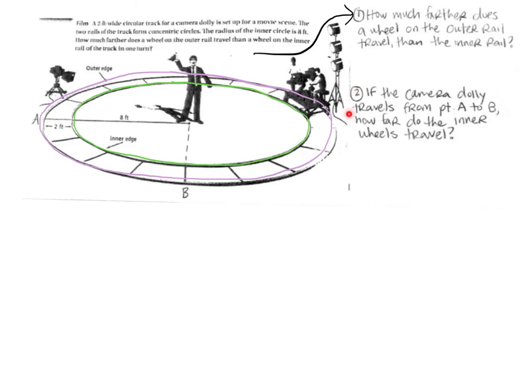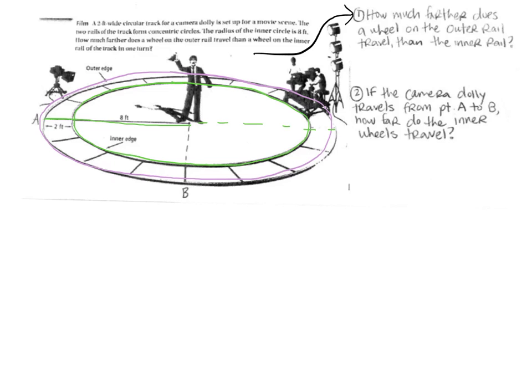For question 2, it says, if the camera dolly travels from point A to B, how far do the inner wheels travel? For this one, I want you to note that from A to B, it's traveling 1, 2, 3, 4 sections. Now imagine that this radius continued through.